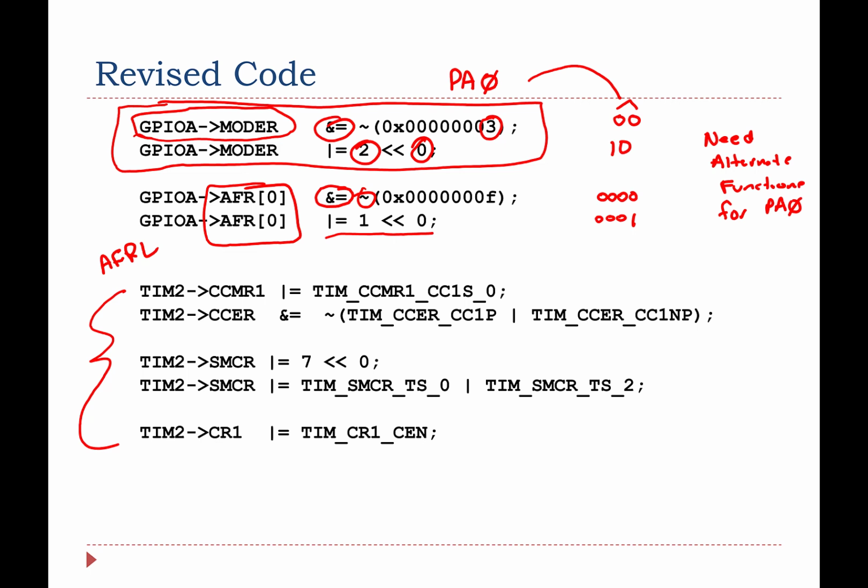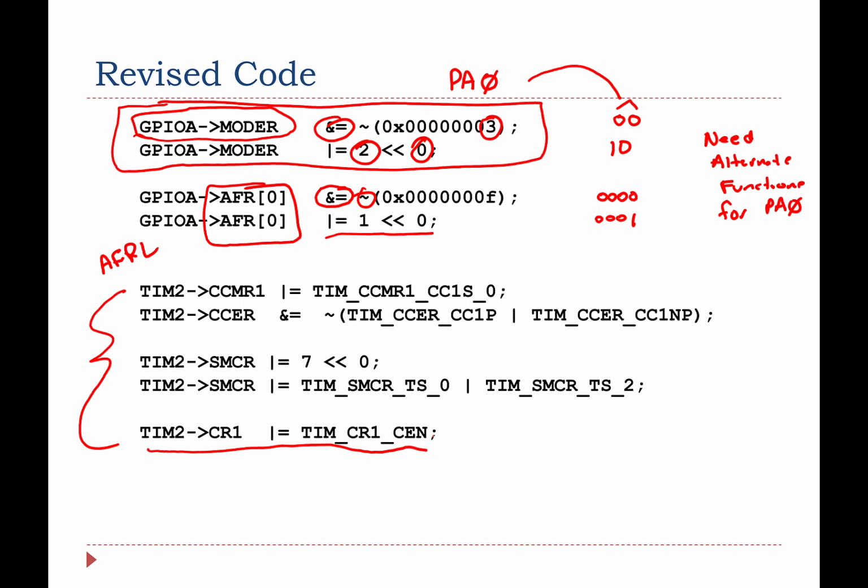Now, of course, I'm going to start in a weird location, and that is this line right here. Okay, we can see that we're putting in the CR1 register of timer 2 something that looks like enabling. So let's just see what that is and go from there.